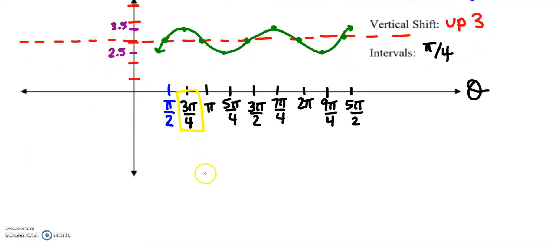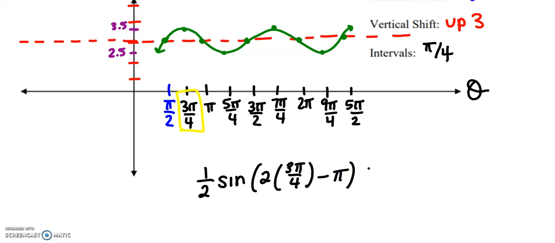If I take 3 pi over 4 and I plug it into this equation, okay, so 2 times 3 pi over 4, the 2 and the 4 can cancel, so I really get 3 pi over 2. Well, 3 pi over 2 minus pi is just 1 pi over 2.